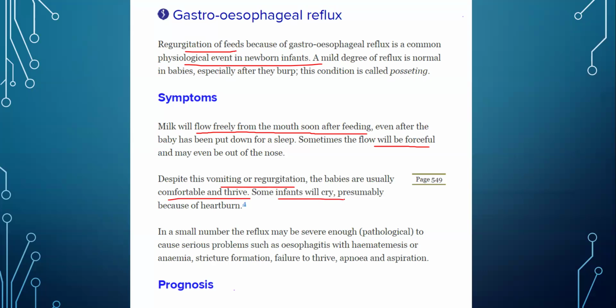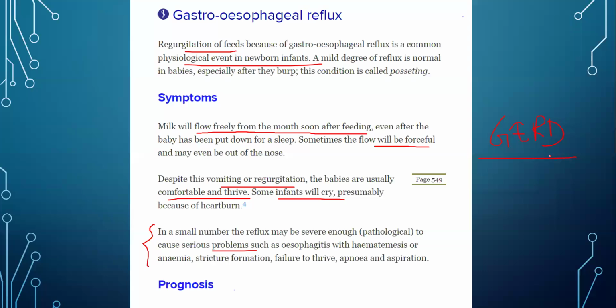Sometimes this can cause a little bit of an irritable baby, and the child can cry because of the heartburn. But in a small number of children, the reflux can become severe enough to cause serious problems, such as esophagitis, anemia, stricture, failure to thrive, etc. And when it does, it's called gastroesophageal reflux disease.